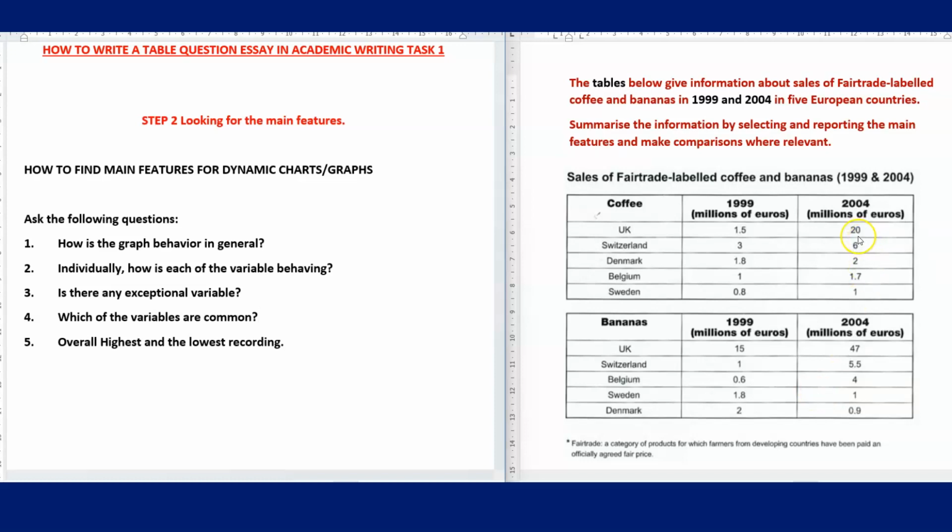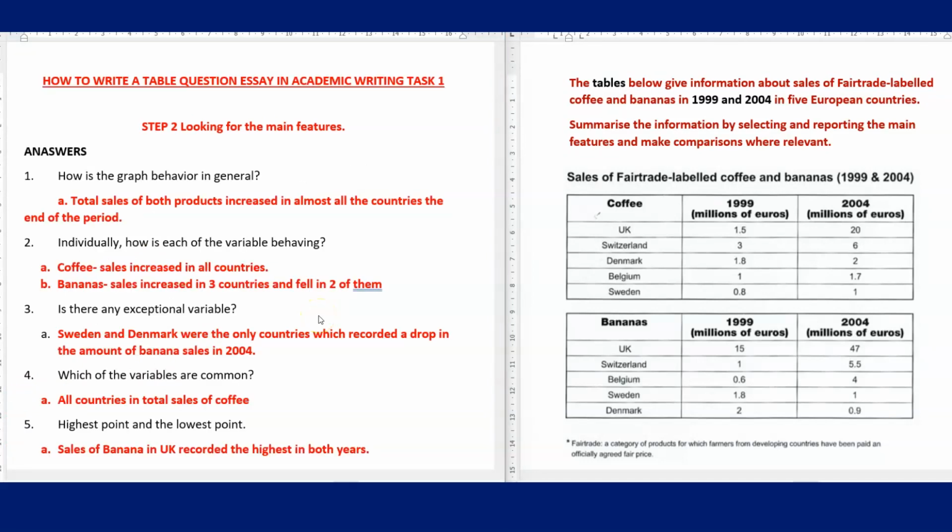So we can see that for coffee, the highest amount they spent was 20, but they spent 47 million to buy banana. Okay, so that is the general thing we are seeing here. All right, so let's put all these answers in the questions, and then we can know what we have done so far. All right, so these are the answers that we got so far.